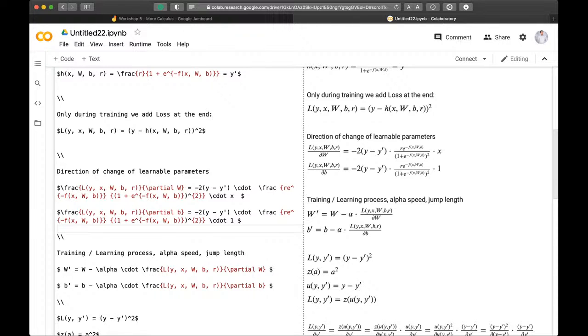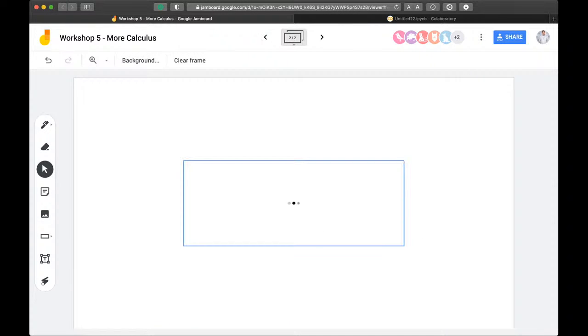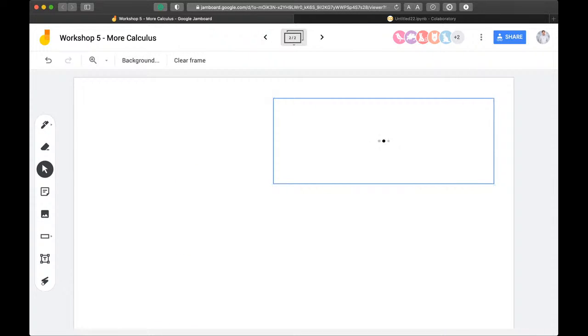Maybe I will add these equations on the Jamboard. Of course, maybe there is a chance that there is some bug, but hopefully not. So I will add. These are actually the equations that we need to train the model, right? It's copying, copying, copying so long.